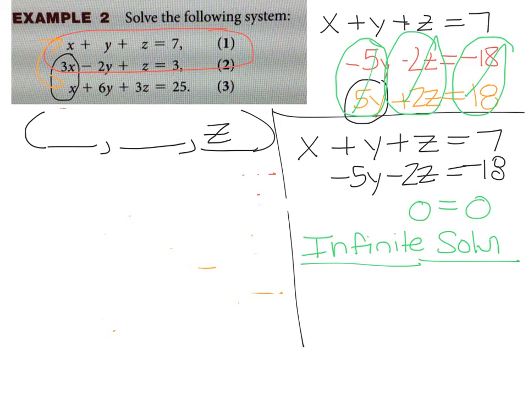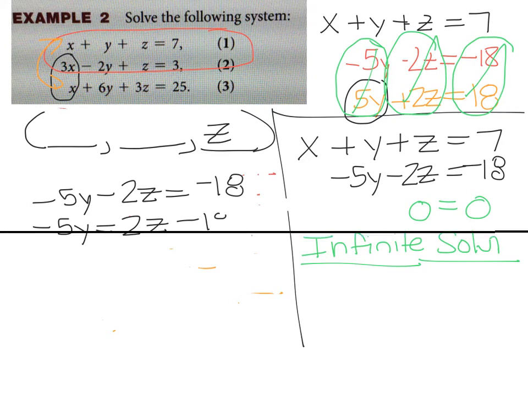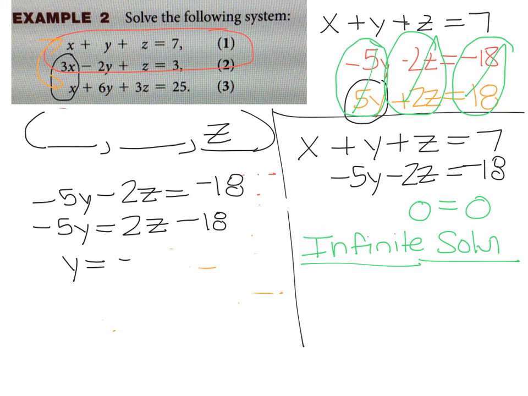Then what I do is I take my second equation, my negative 5y minus 2z equals negative 18, and I solve it for y. So to do that, I need to add the 2z to the other side, and I need to divide every number by negative 5. And now I have an expression for y in terms of z.